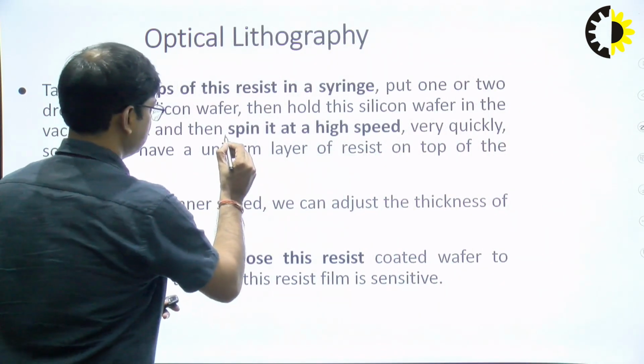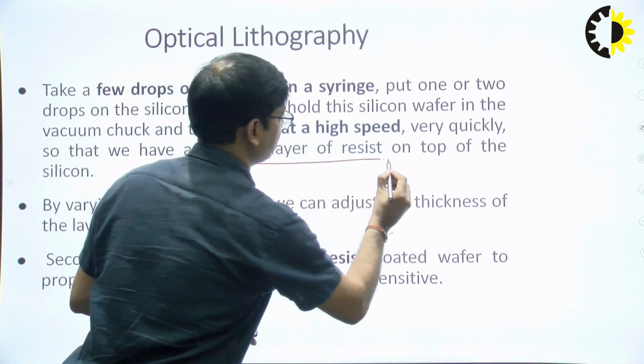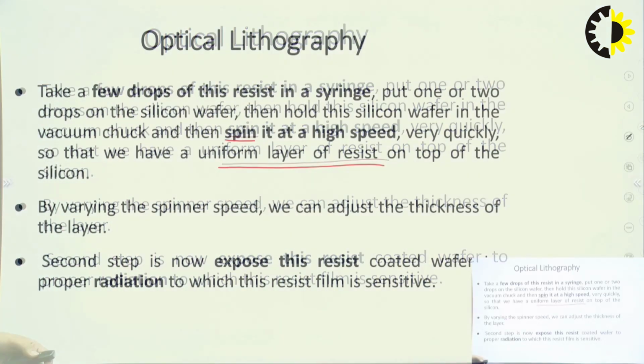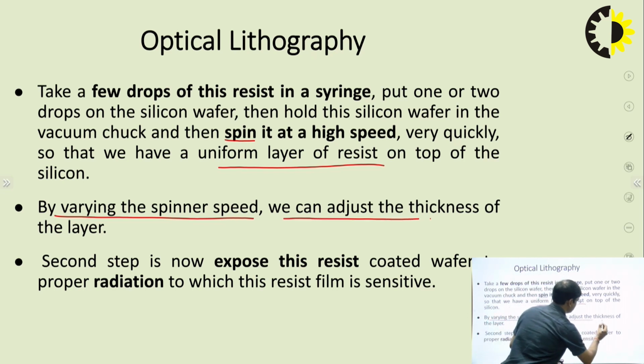We spin the wafer so that we have a uniform layer of resist on top of it. And by varying the spinner speed, we can adjust the thickness of the layer.